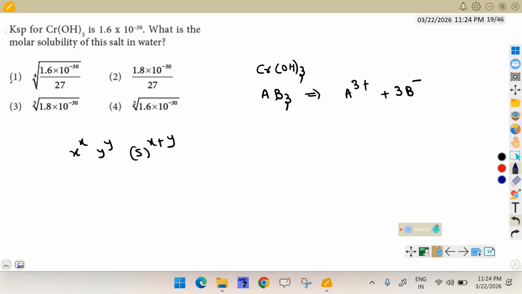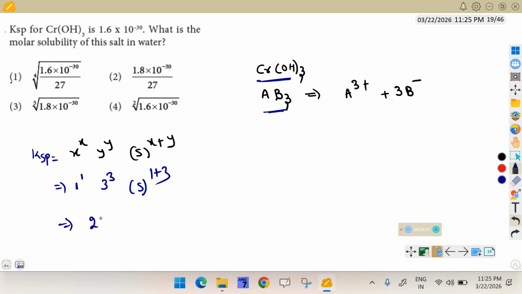KSP for Cr(OH)3 is 1.6 into 10 power minus 30. What is the molar solubility of this salt in water? Okay, Cr(OH)3 is an AB3 type of salt. KSP is calculated using the formula x power x, y power y, s power x plus y. 1 cation, 1 power 1, 3 moles of anion, 3 power 3, s power 1 plus 3.